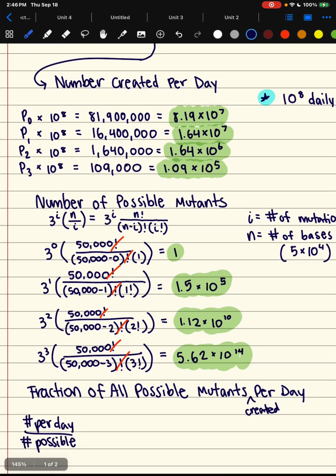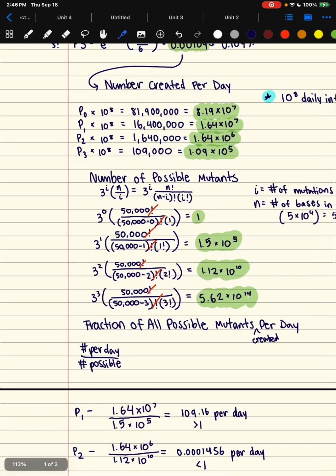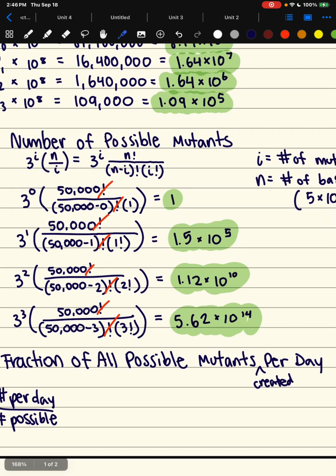So we simplify while doing it on the calculator instead of putting it in exactly as shown here, subtracting 1 or 2 from 50,000. I definitely did not put it in like this, but after calculating all of those, we get these numbers here.